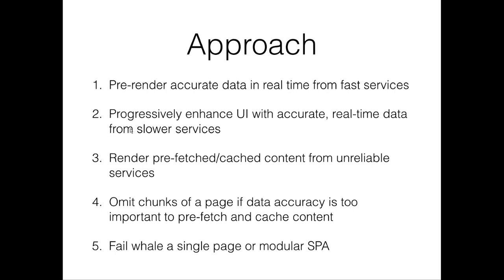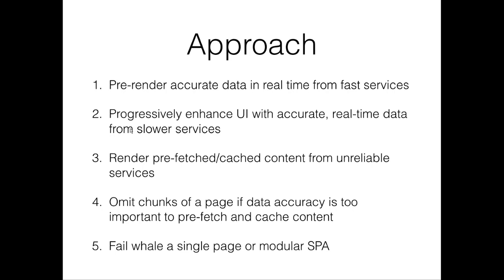That's awful. The other option, number 4, is to just completely omit a chunk of a page. If data accuracy is too important to prefetch and cache, and that part of the page isn't totally required by your user experience, just omit it. Set some performance thresholds around that chunk of the site and just leave it out. Now the very last approach, which you want to avoid at all costs, is fail whaling a page or a whole SPA.